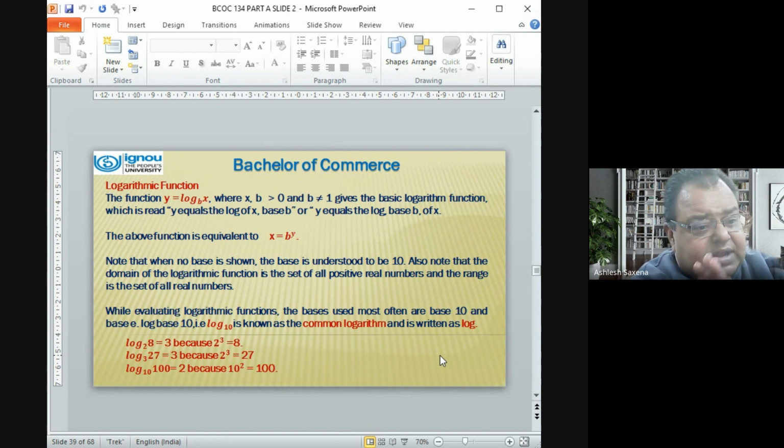Also note that the domain of the logarithmic function is the set of all positive real numbers and the range is the set of all real numbers.